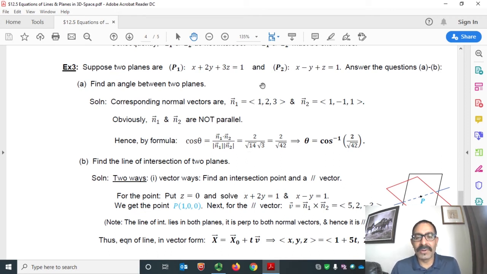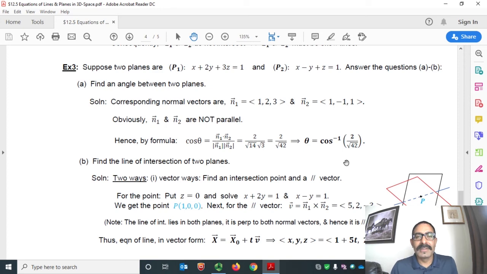Under the radical, 1 squared plus 2 squared plus 3 squared, radical 14. And magnitude of n2 is under the radical 1 squared plus minus 1 squared plus 1 squared, which turns out to be radical 3. Then simplify. So this is 2 over radical 42. So that means theta equals cosine inverse of 2 over radical 42. Great. I hope this computation makes sense to you all.